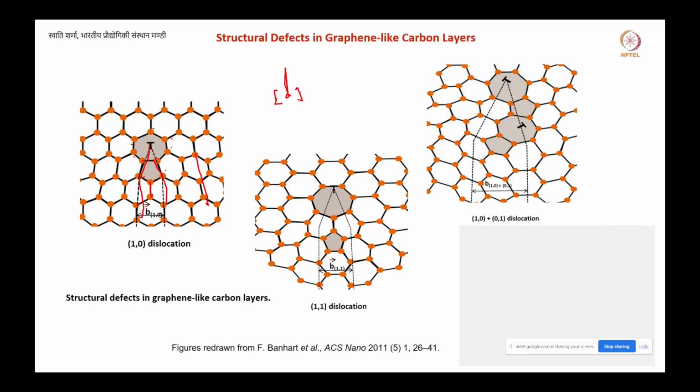So mainly in line dislocations you can see the edge dislocations and the screw dislocations. Okay, so these are some defects present in your graphene.